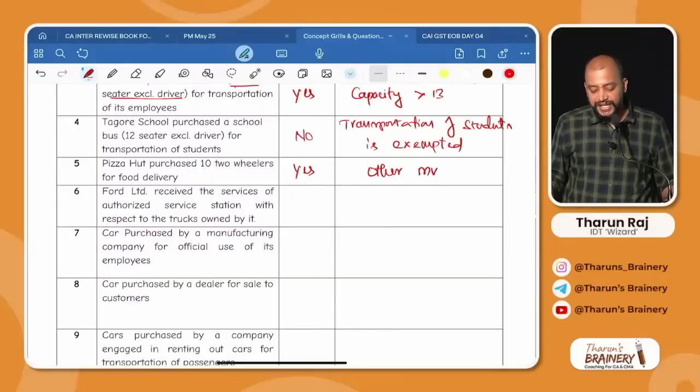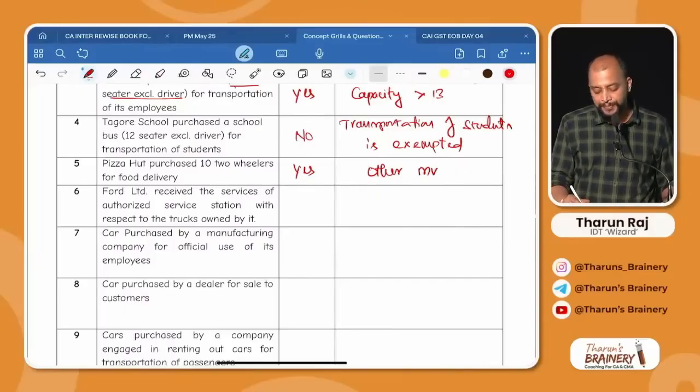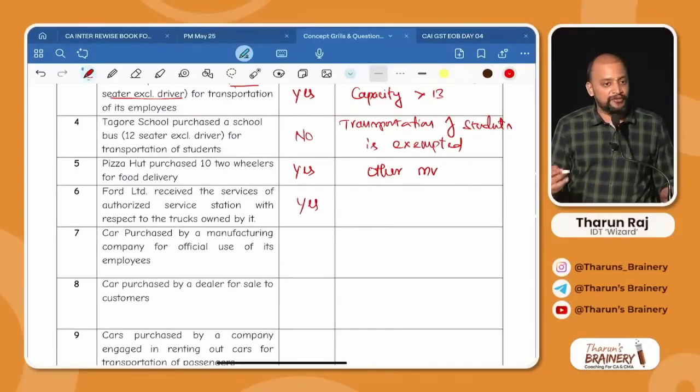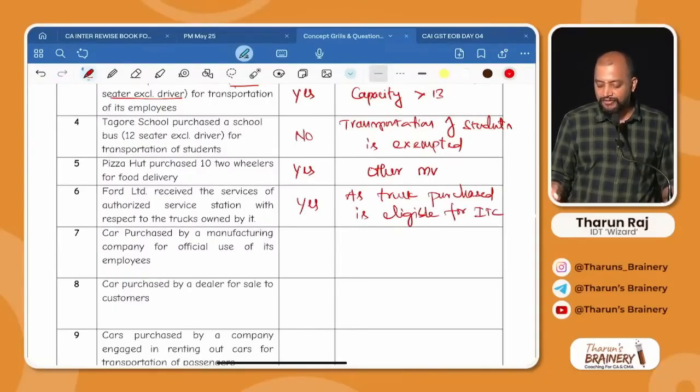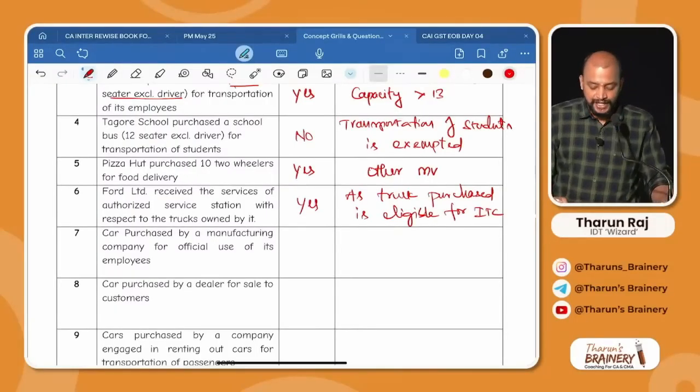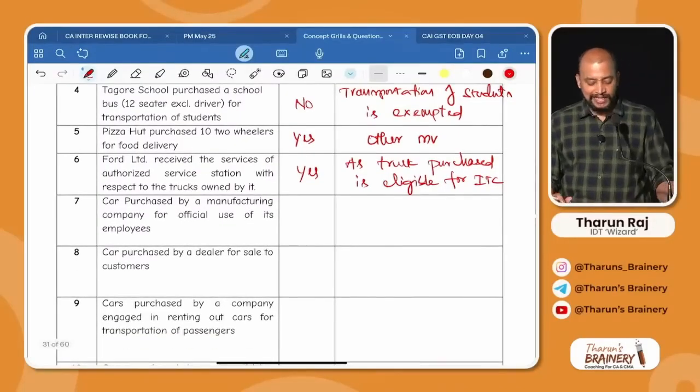Ford Limited received the service of authorized service station with respect to trucks owned by it. Can they take ITC? Yes, because truck purchased is eligible for ITC. So repair service also eligible for ITC.